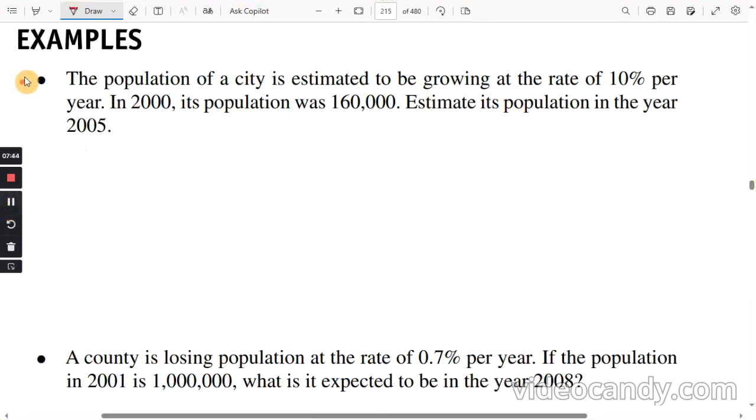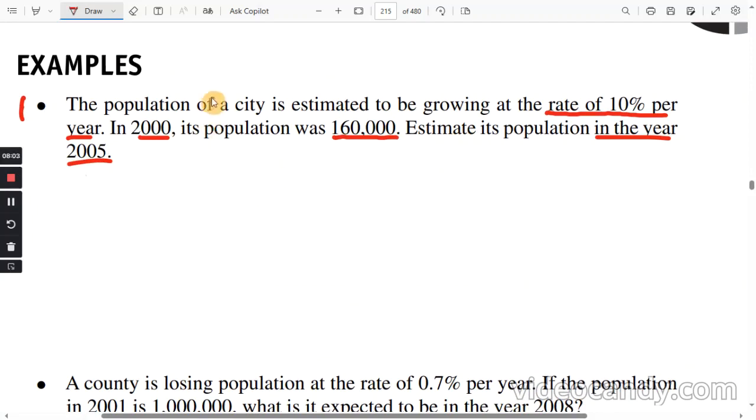Example 1. The population of a city is estimated to be growing at a rate of 10% per year. In 2000, its population was 160,000. Estimate its population in the year 2005. Notice it doesn't say how often it's compounded, and that is because when you are dealing with population growth, that is continuous.